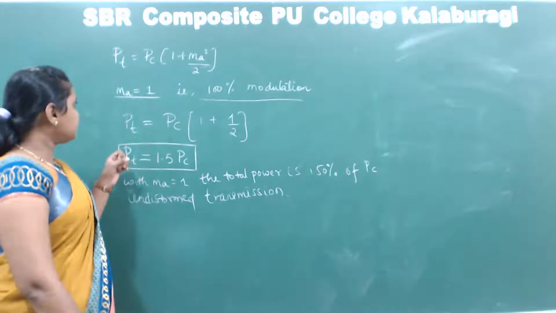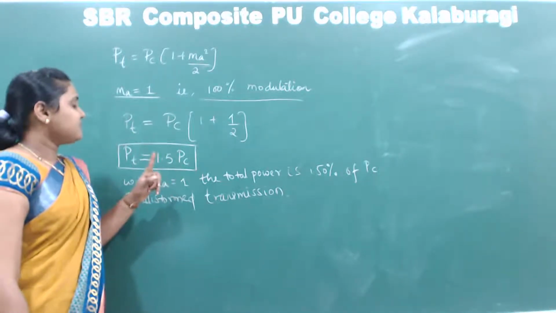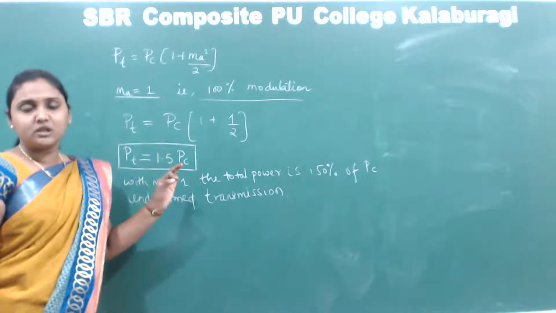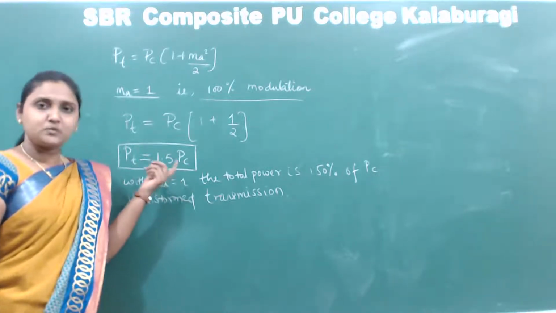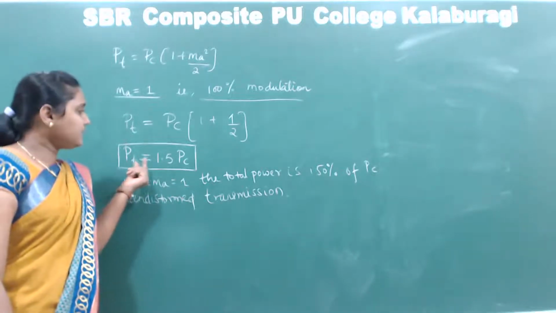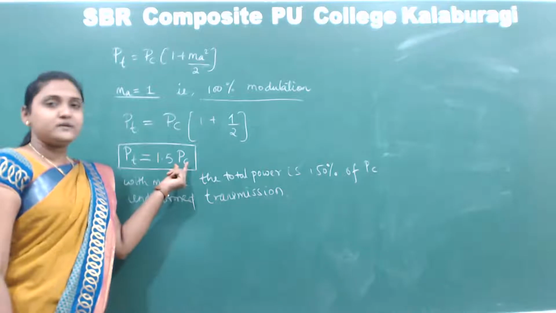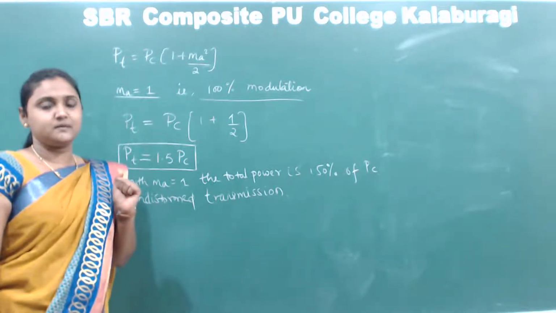Right? So what we have seen here, PT is 1.5 times of PC when we are considering the modulation to be 100% modulation. When we are considering 100% modulation, the total power transmitted is 1.5, otherwise 150% of that of PC.